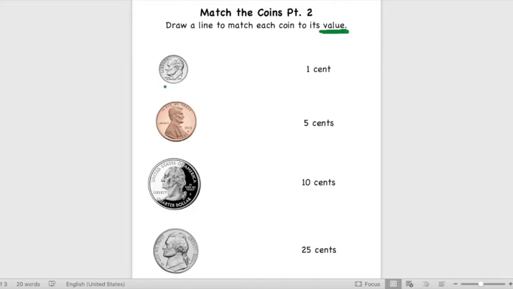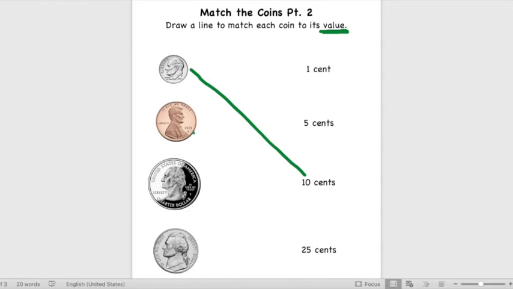First, we have a dime. Can you say dime? Dime. How much is a dime worth? It's worth 10 cents. Say, a dime is worth 10 cents.